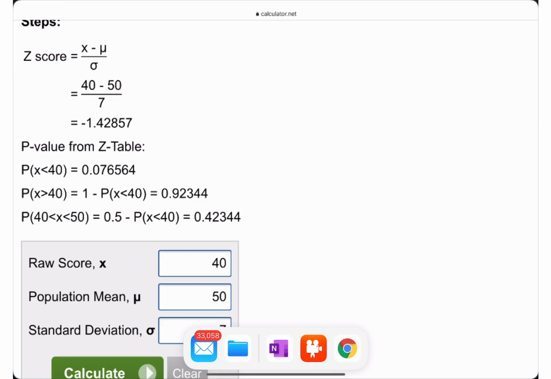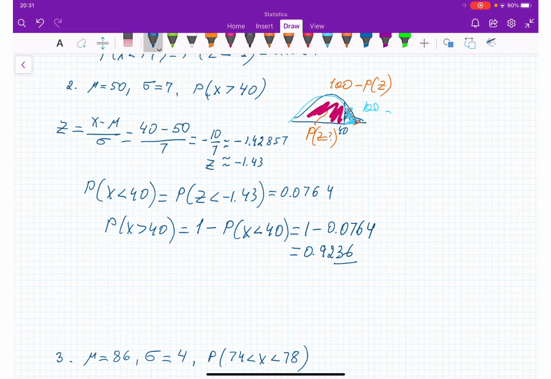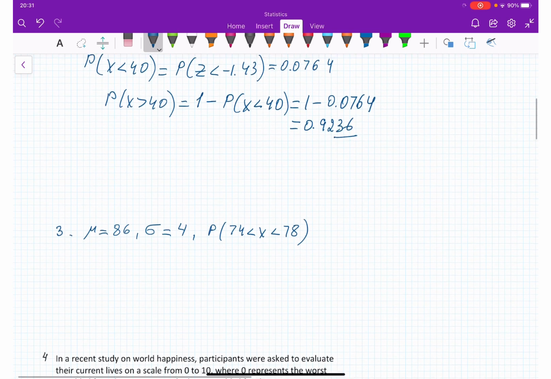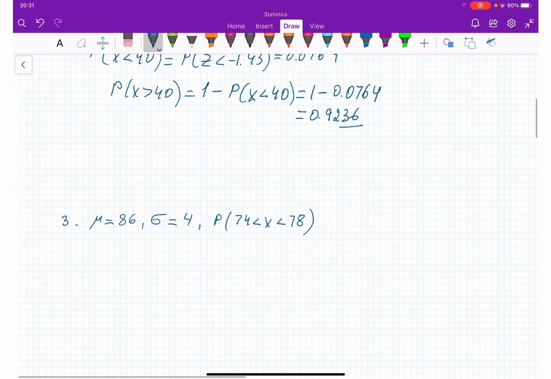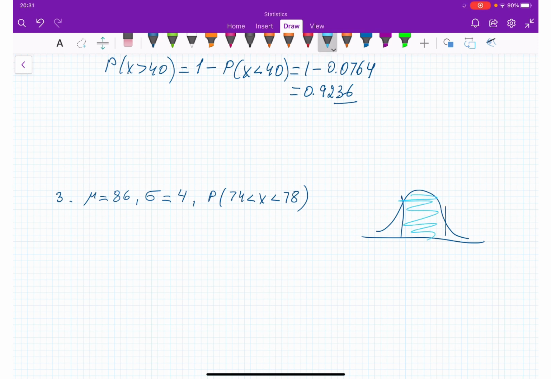Moving to the next one. Question number 3. Here we have between two x's now. So when we have between two x's, what do we need to do? First, let's say this is my x 74, this is 78.